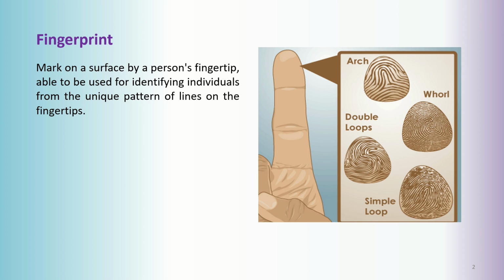The unique pattern of lines on the fingertips, such as arch and loop, allows identification, as it is very unlikely that any two people would have exactly the same physical fingerprint.